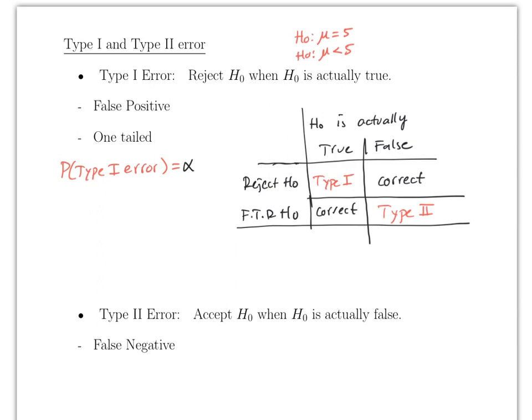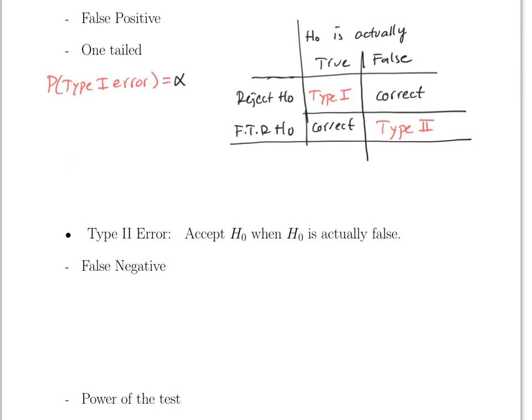Now, a type 2 error happens when you accept, and remember, accept technically means fail to reject H0 when it's actually false. And sometimes it's called a false negative. Now, the probability of a type 2 error is called beta.